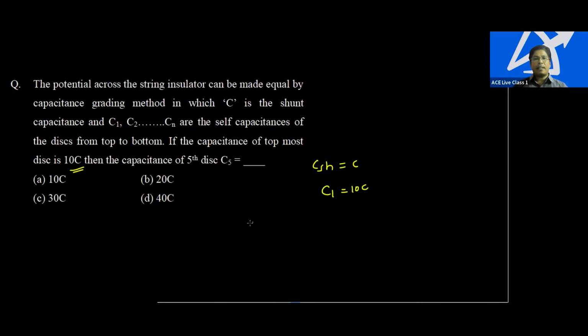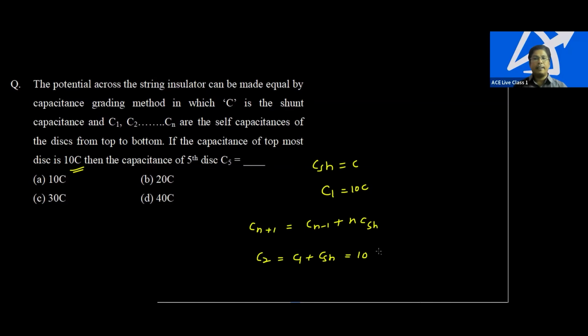According to capacitance grading, Cn plus 1 is equivalent to Cn minus 1 plus NC, where C means CSH. C2 is nothing but C1 plus CSH.